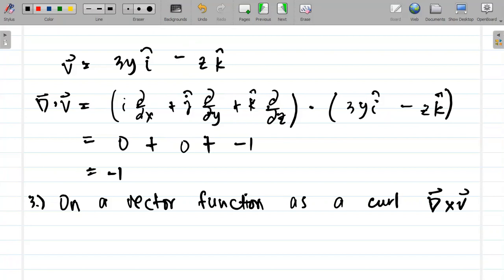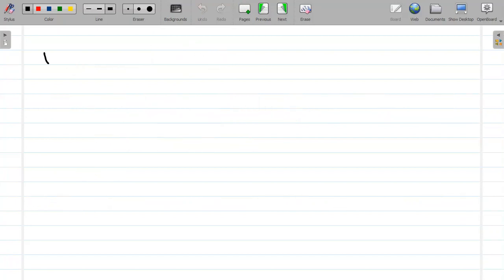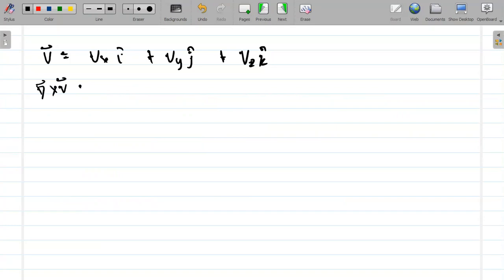Sige. Evaluate natin ang ating del cross V. Suppose again the vector V is Vx i hat plus Vy j hat plus Vz k hat. Ano ang ating del cross V? Hindi ko alam kung paano kayo nag-evaluate ng cross product, pero ganito ako mag-evaluate.